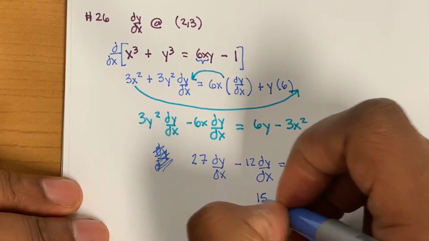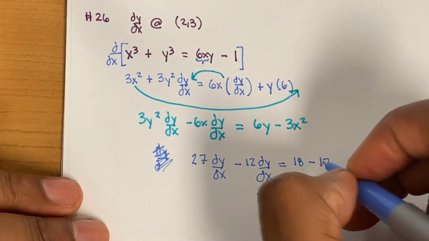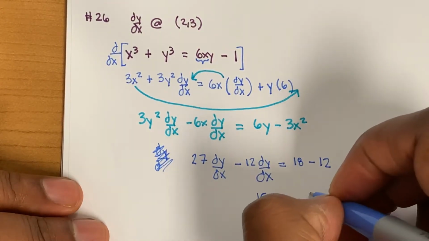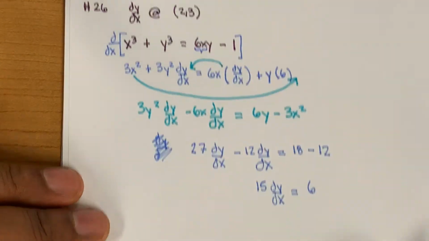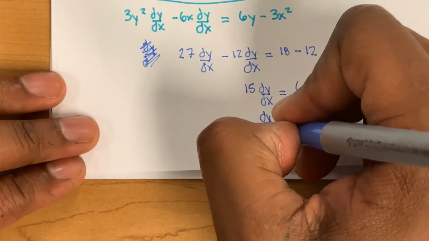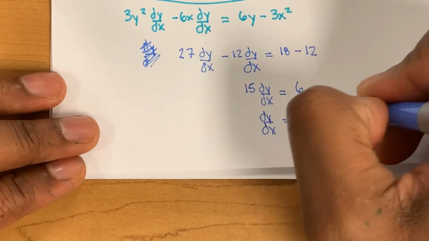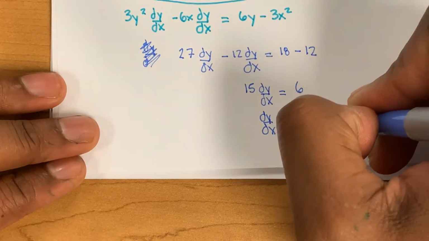And we get 15 dy over dx equals 18 minus 12 is 6. And finally, we divide by 15, so we get dy over dx is 6 over 15, or that's 2/5.